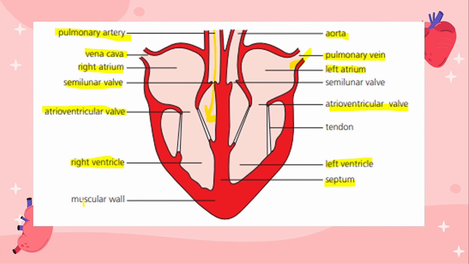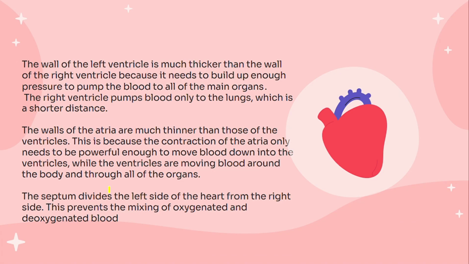So we have the base, this very dark red part, which is known as the muscular wall, which will cause the pressure. Moving on, the wall of the left ventricle is much thicker than the wall of the right ventricle. Why is that? Because it needs to build up enough pressure to pump the blood to all the main organs.